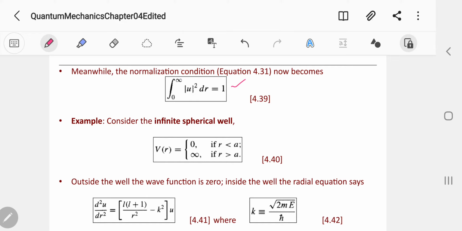So we cannot solve the radial part without specifying the potential.